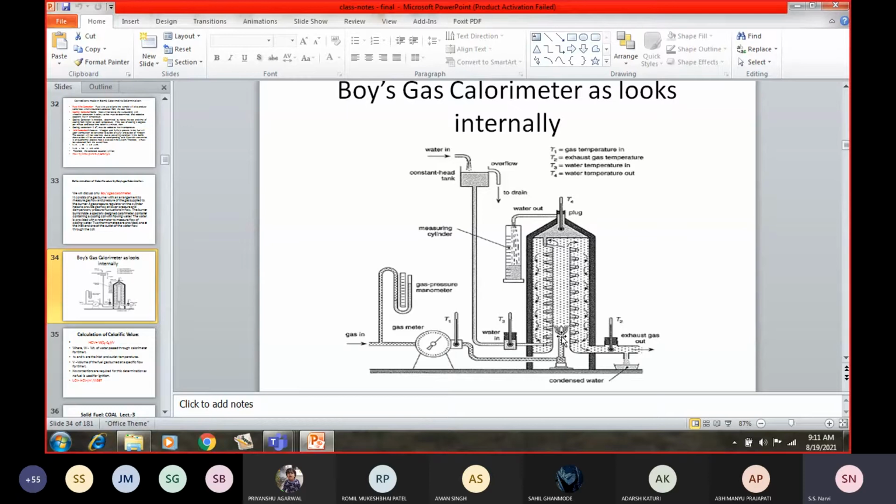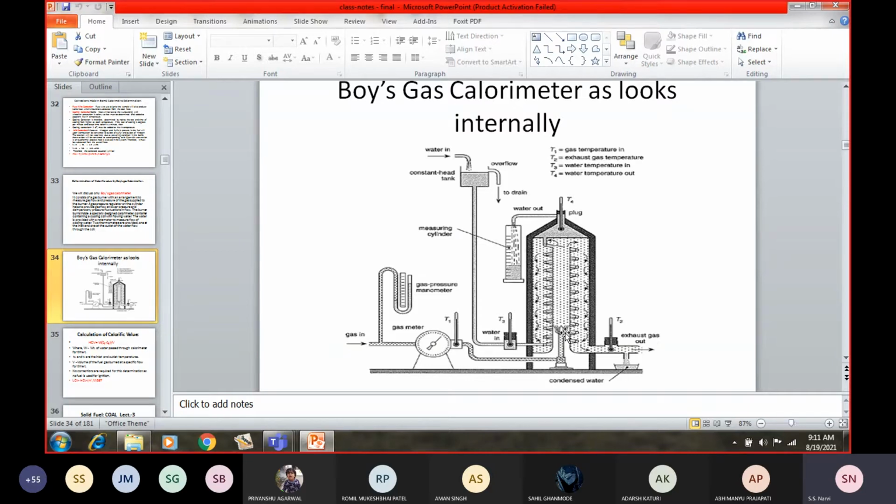So this gas will start burning, and among the products of combustion there is certainly carbon dioxide.